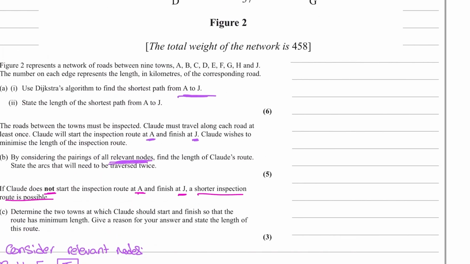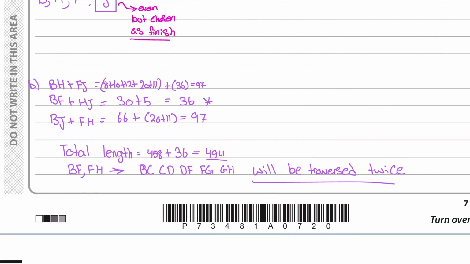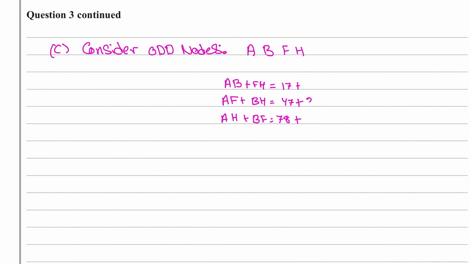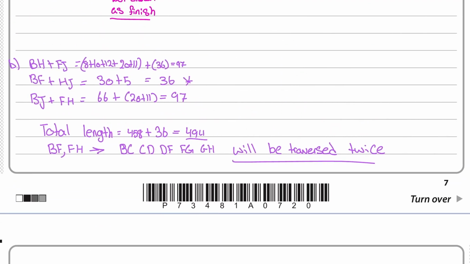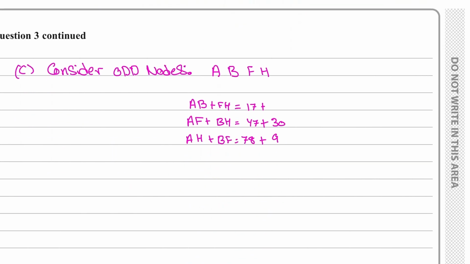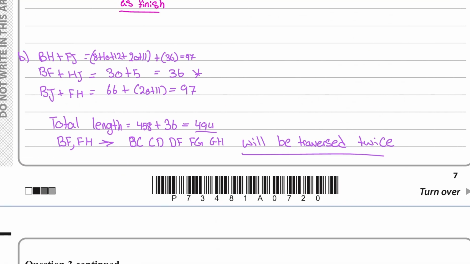So I think we already have these up here. Do we? Yeah. So BF was 30. FH was 97. Oops, this one was 97. BF was... Which one was BF?